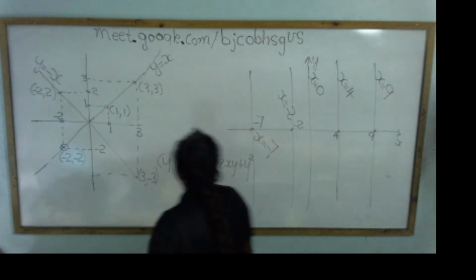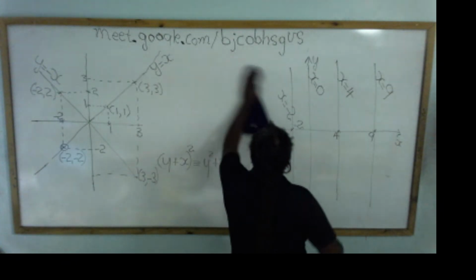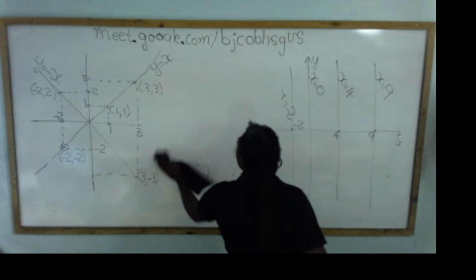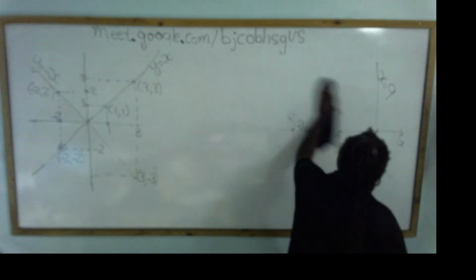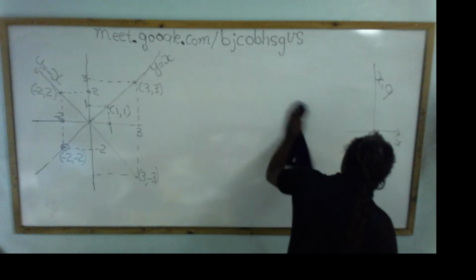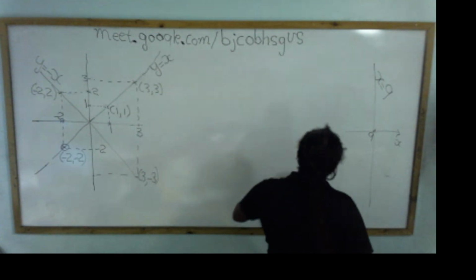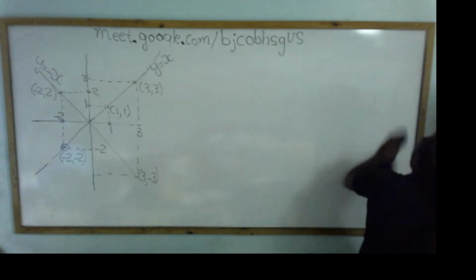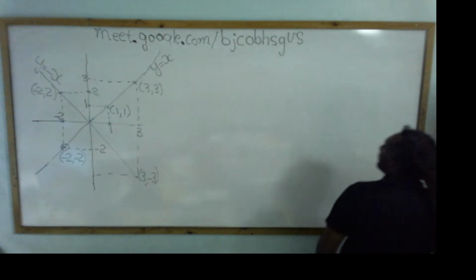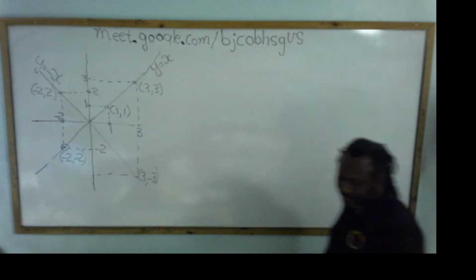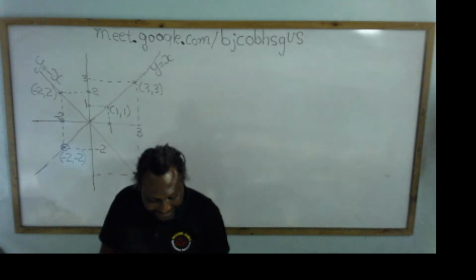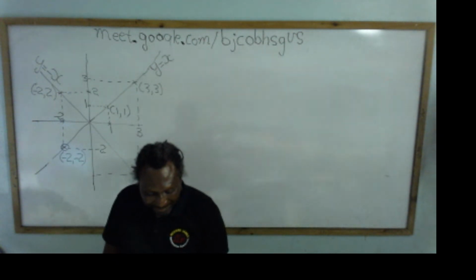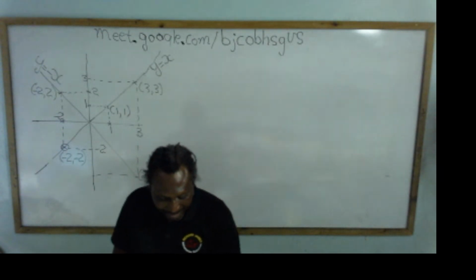Now, is there any other special line or set of lines we need to talk about? Yes, we do. All of the lines that we're going to put in each set are parallel to each other, but I'm not necessarily going to be using the same constant. Y is equal to 3 over 2x plus 2.